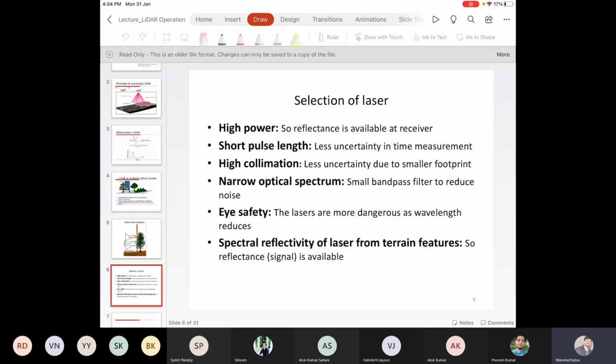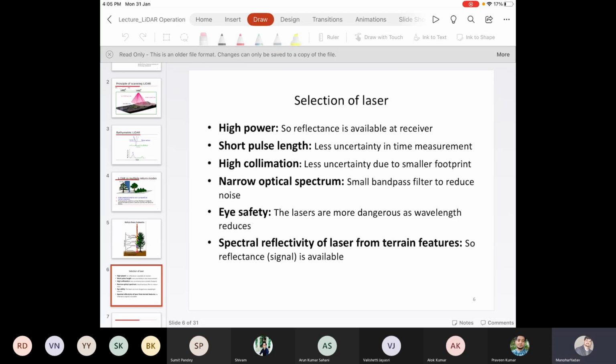As I discussed before, the maximum peak amplitude AP should be sufficient so that high power can be generated. If it is not high power, then from low reflecting material the return will be very weak, and it might be less than the sensitivity of the receiver. Very little energy, a very low power signal, will be received at the receiver, and if it is below the receiver sensitivity, a trigger signal can't be generated. This is why we need a high power laser beam.